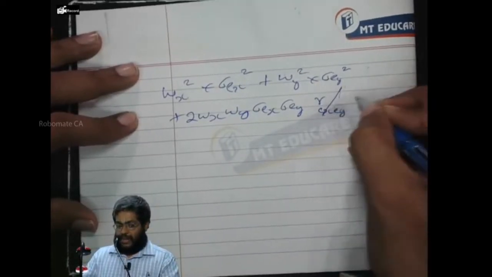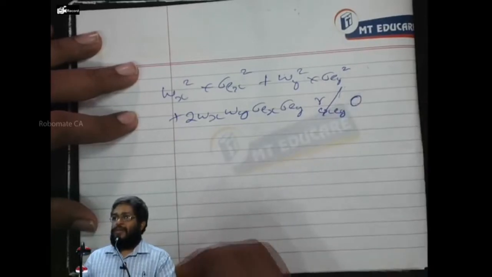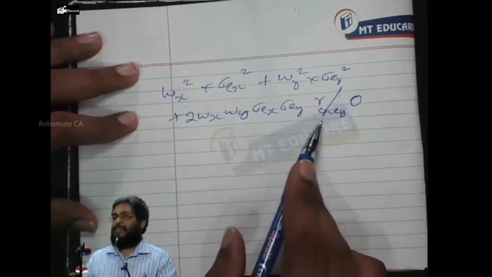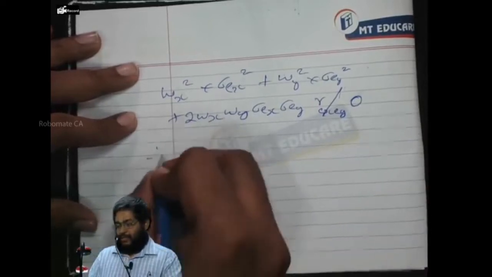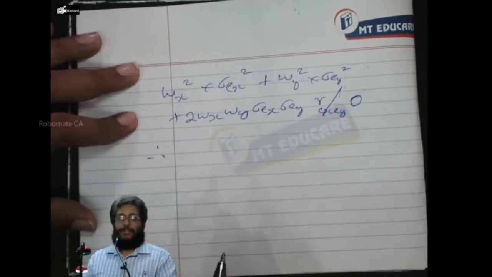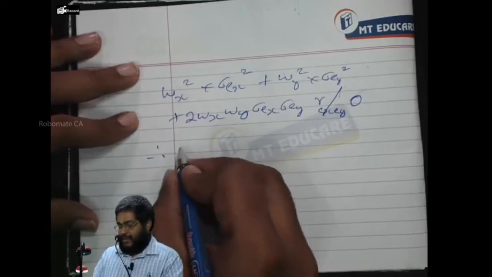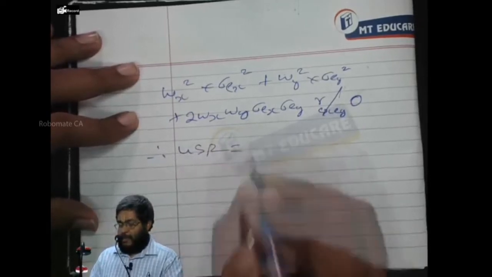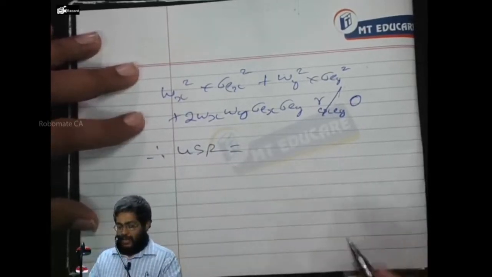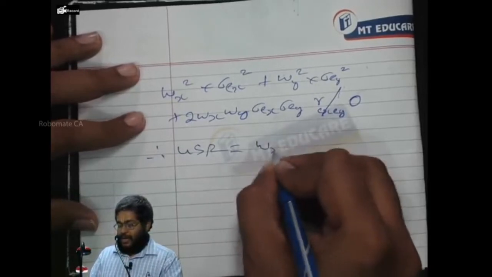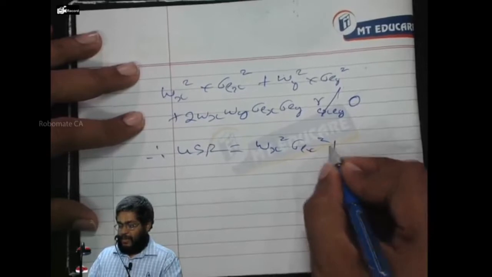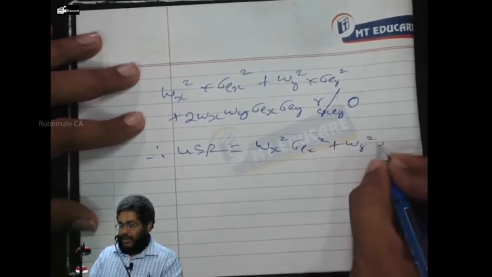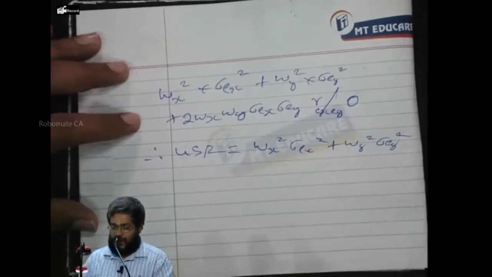Now this number, strike and write as 0, because the correlation between two error terms is 0. Therefore, unsystematic risk is simply Wx square sigma Ex square plus Wy square sigma Ey square.